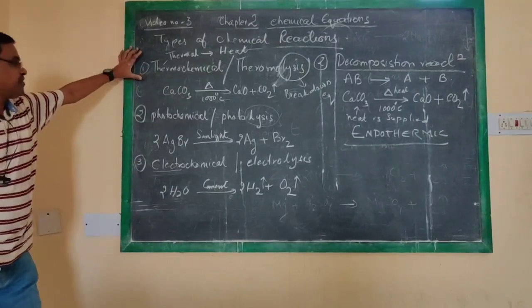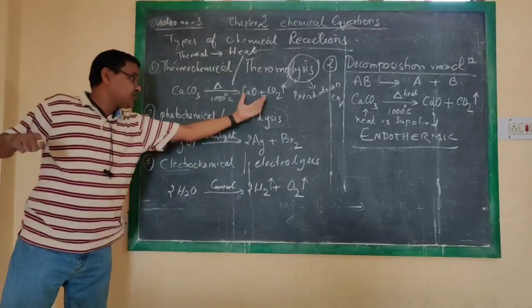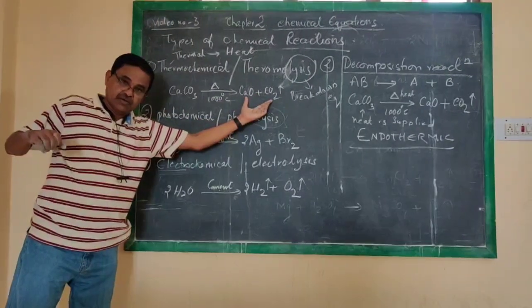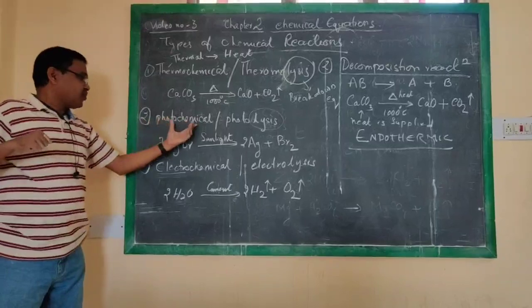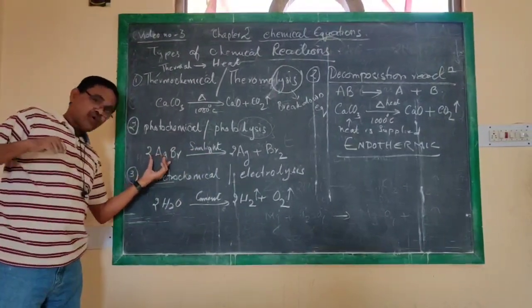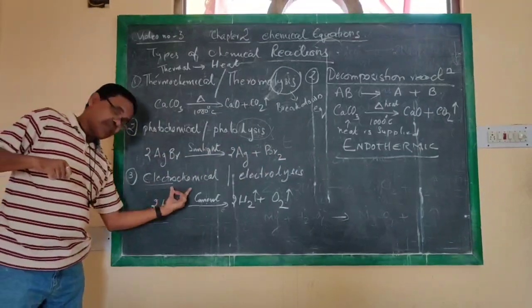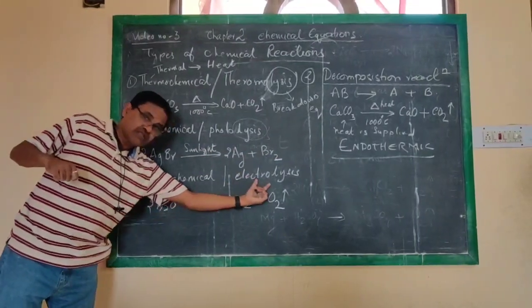Thermal decomposition requires thermal energy, heat is required to break a compound into two different compounds. Photochemical reactions require sunlight, to decompose silver bromide to silver and bromine. The third one is electrochemical or electrolysis.